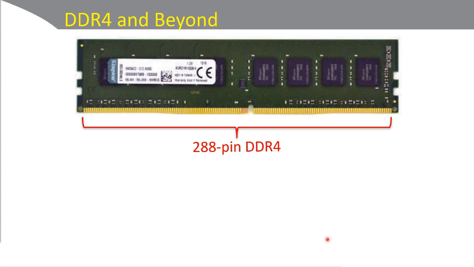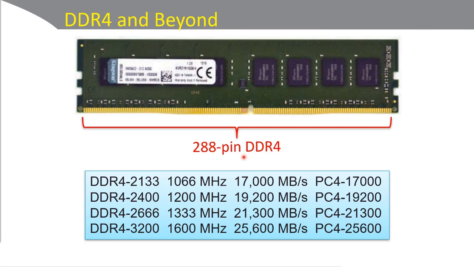DDR4 is currently the most common type of RAM on new PCs as of the recording of this video in late 2018. It is 288 pins, so a different architecture, and therefore not compatible with older versions of DDR. DDR4 reduces the voltage even further, generally down to 1.2 volts or even lower, and it increases the data transfer.